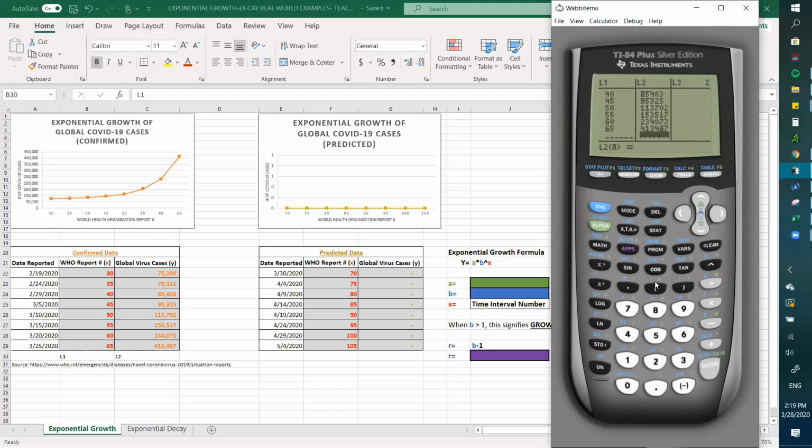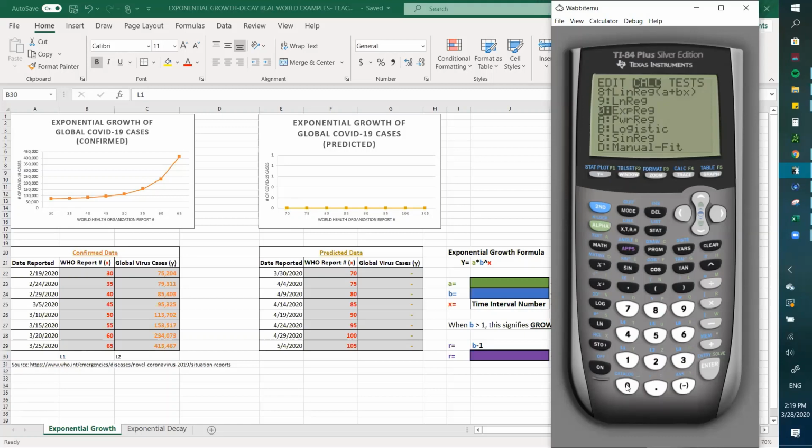Okay. So what we're going to do now is have our graphing calculator populate what our exponential growth formula is. So let's go to Stat, then go to Calc. Now if you press this up button here, you can use this to get us to ExpReg. And this is what we use to have our calculator figure out the formula.